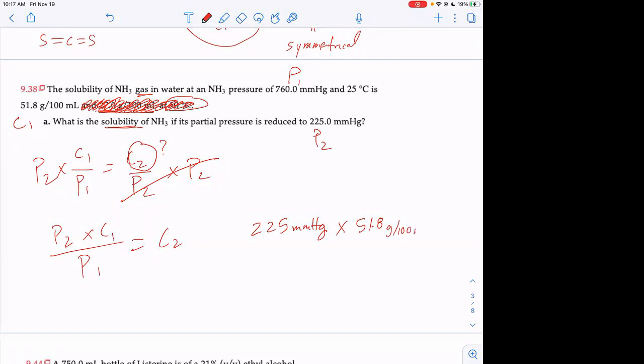And remember, you don't divide by that 100. You should treat it as a unit. Divided by P1, which is the 760 millimeters mercury. We do 225 times the 51.8, leave that 100 alone, divided by 760. You got it, Gracie?